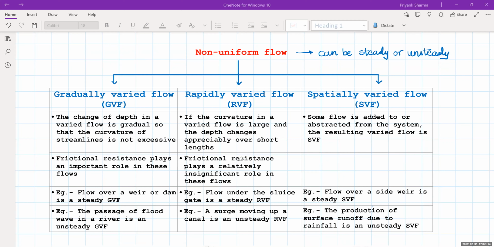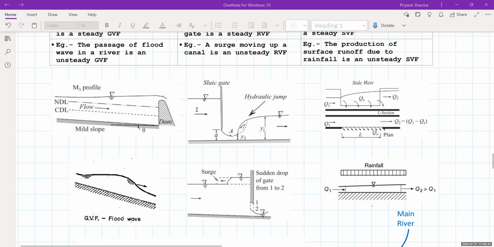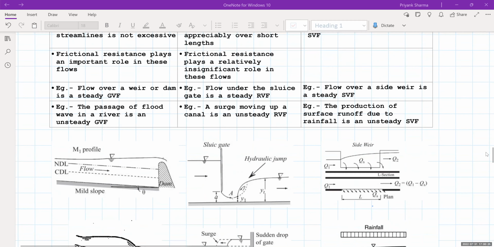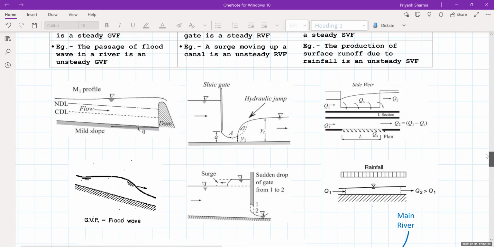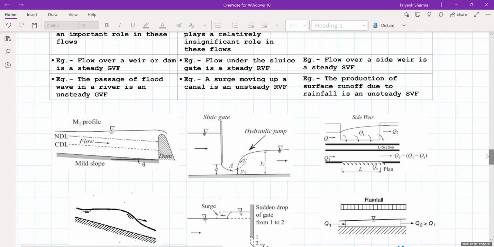So let us understand various cases of GVF and RVF. As we can see, flow over a dam or a weir will be classified as a steady GVF. Steady GVF means GVF itself is a non-uniform flow, but the variation with respect to time is steady.